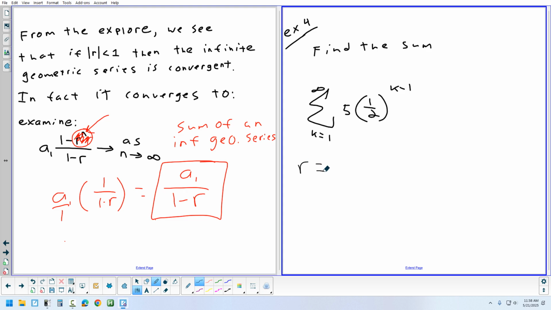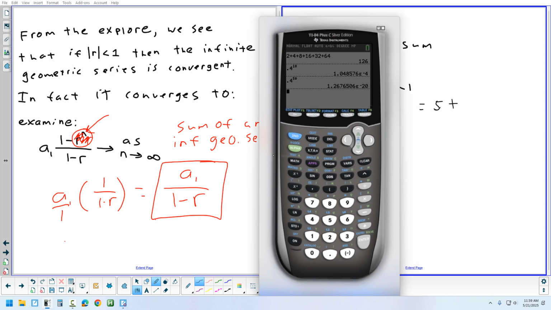What is my R value in this case? Yep, 1/2. Okay, and what's my first term? Yep, 5. And just to write a few of them out, what are you basically doing each time to get the next term? Yep. Just cutting the previous term in half.